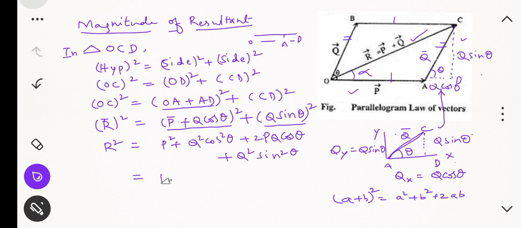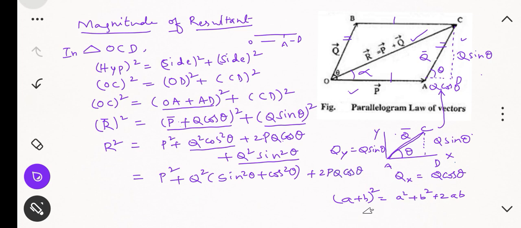Next, we can write p square plus, by taking the common factor q square in these two terms, q square into sin square theta plus cos square theta, plus 2pq cos theta.